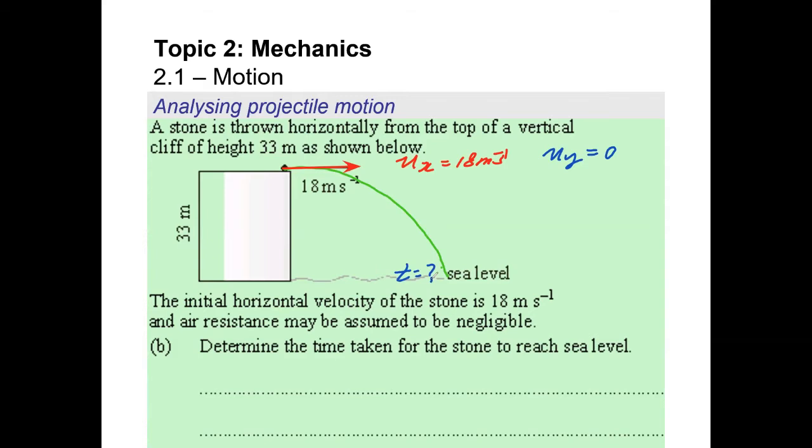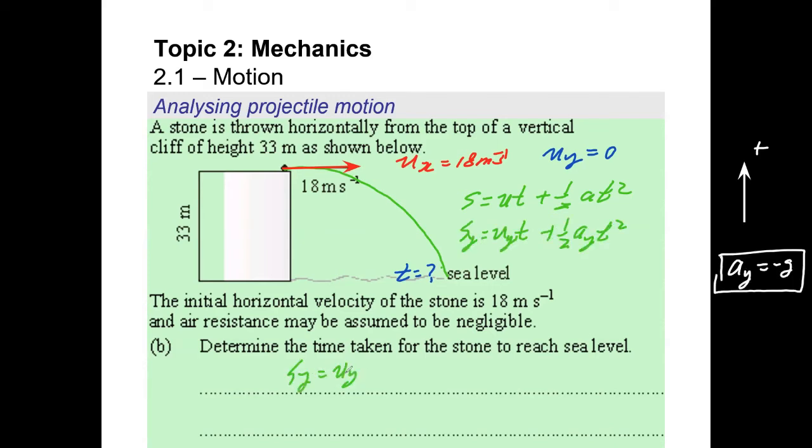Determine the time taken for the stone to reach sea level. Fall time is limited by the y equation. So if we write it down, displacement equation, S equals ut plus 1 over 2 at squared. We choose upward as a positive reference. Acceleration due to gravity in y component equals minus g. Sy equals uyt minus 1 over 2 gt squared.